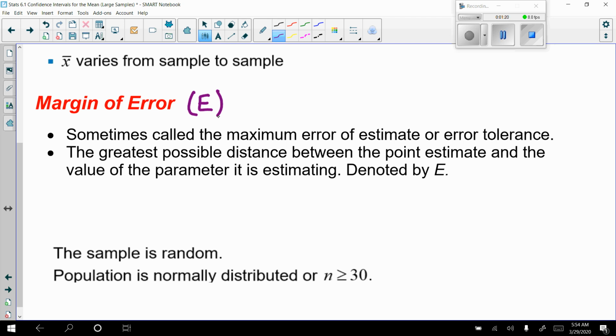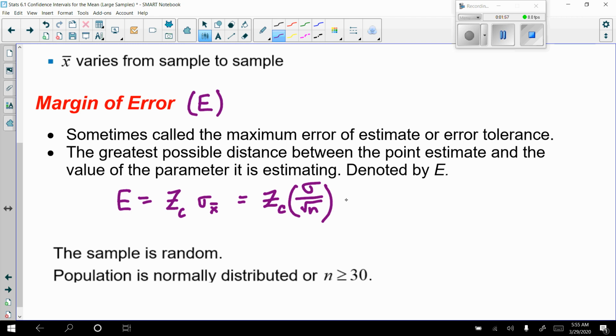The error is found by taking the critical value, which we're going to call Z critical, times the standard deviation of the sample, which is found by taking the Z critical value times the standard deviation divided by the square root of n.